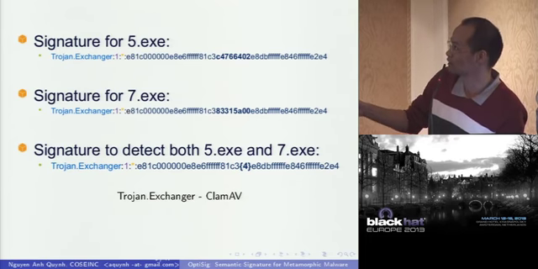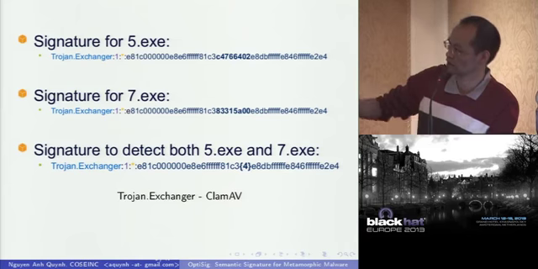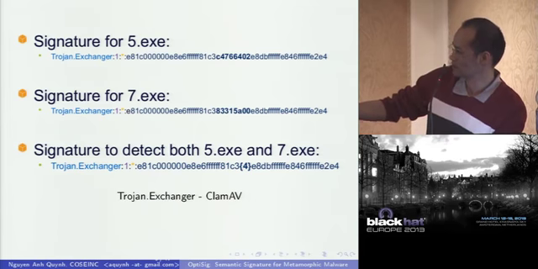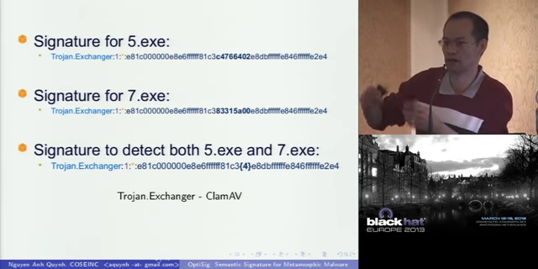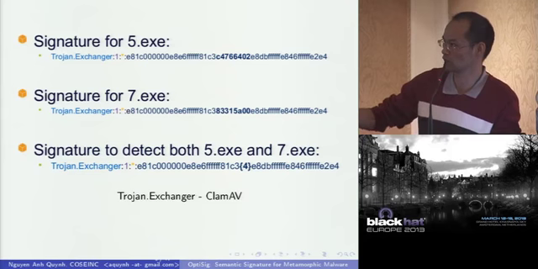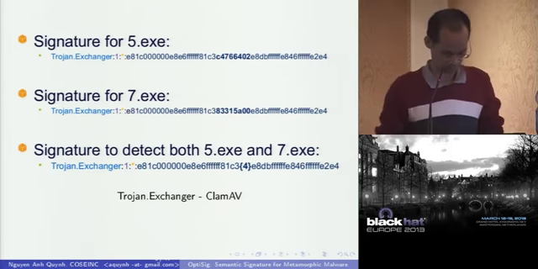The last part is the same, but the 4 bytes in the middle are different. So they try to combine these two signatures into one, and they have the signature here. So they take the first part here, the last part here, and in the middle we have 4 bytes, and the 4 bytes can be anything. So with this regular expression signature, we can detect both 7.exe and 5.exe. So this signature can detect more than one malware, right? So it's more flexible.